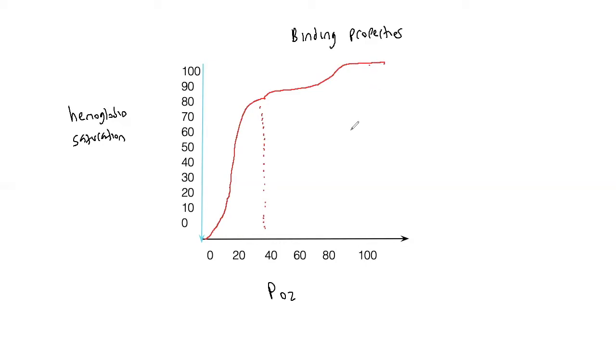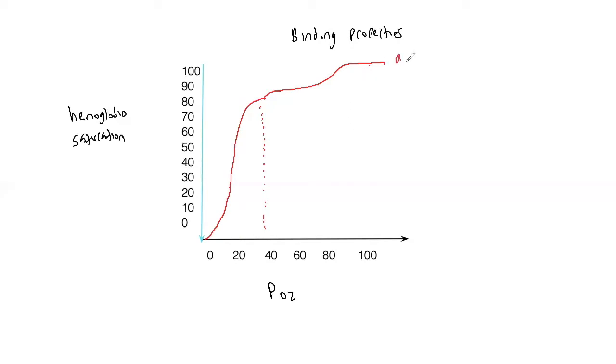Now, once you get to about a partial pressure of 80 millimeters of mercury, it's basically maxed out at 90-something%. Further increases in oxygen partial pressure is not going to have an appreciable difference in hemoglobin saturation.